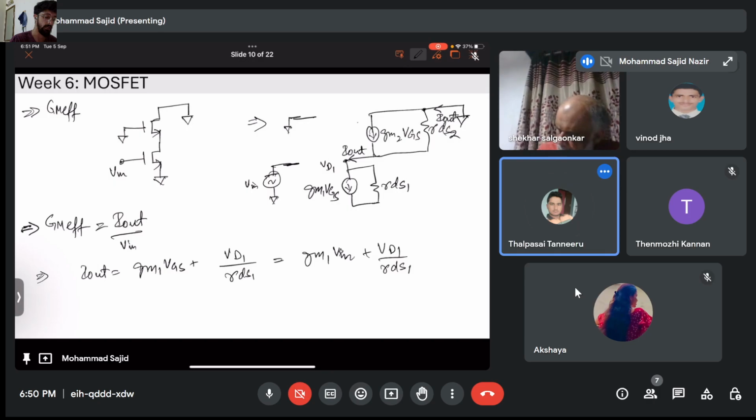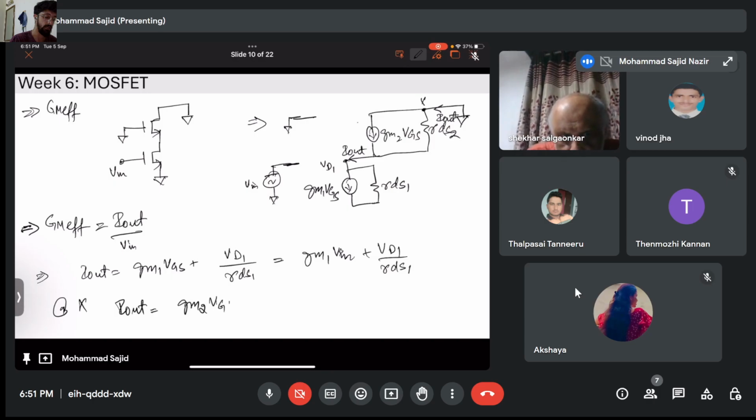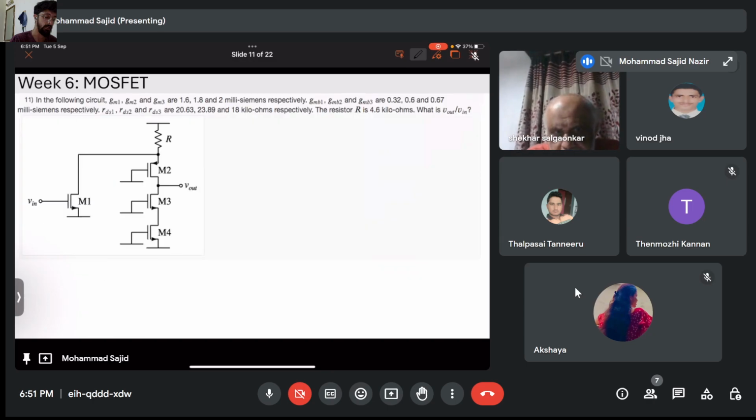VD1: you can go to this node. Let's say this is the X node. At X, I out is GM2 VGS plus (0 minus VD1) by RDS2, right? And GM2 VGS is minus GM2 VD1, minus VD1 by RDS2. So now you have I out in terms of VD1.